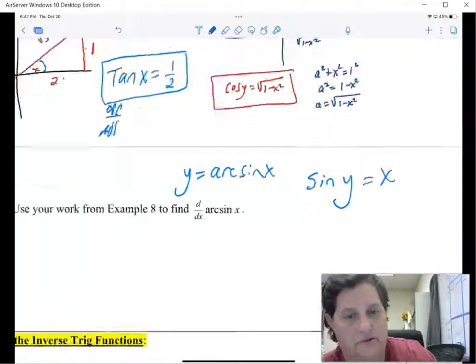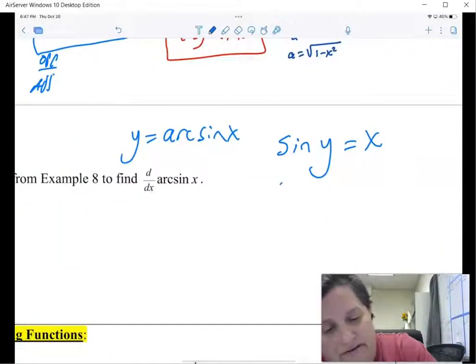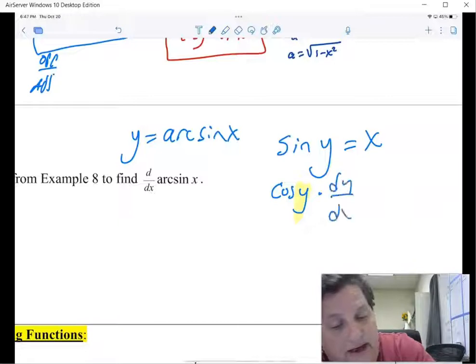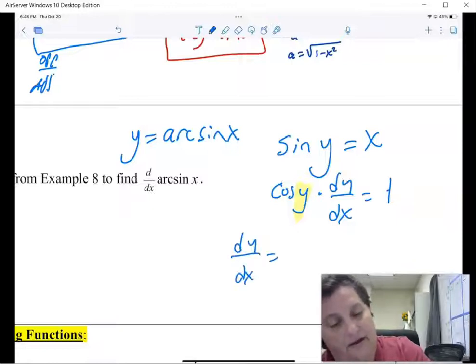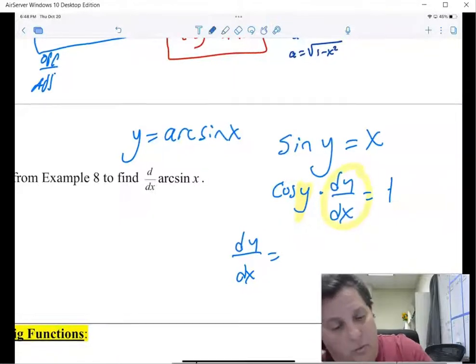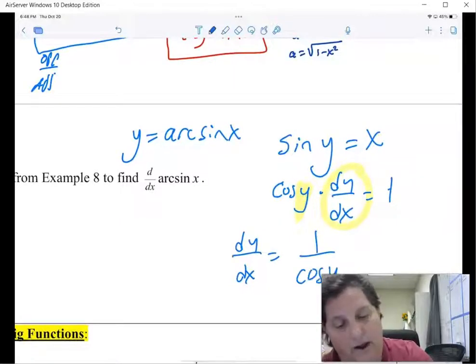Let's take the derivative of this with respect to x. You ready? Derivative of sine is cosine. Derivative of the inside, because of chain rule, dy dx. And then the derivative of x is 1. If I solve for dy dx, getting this by itself, it's 1 over cosine y.